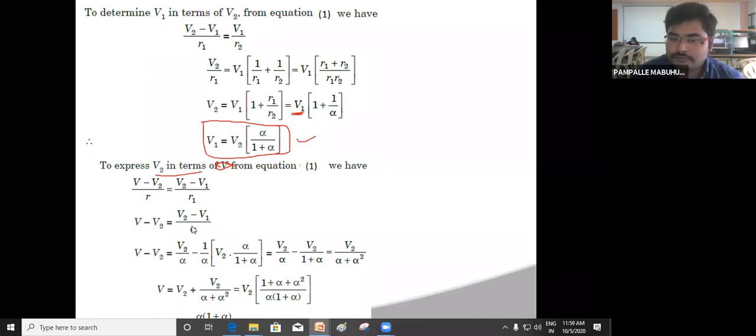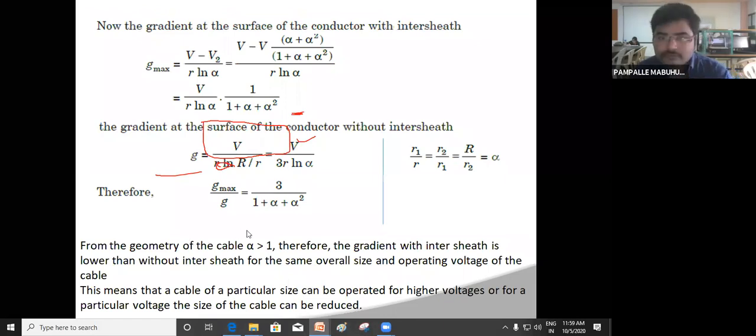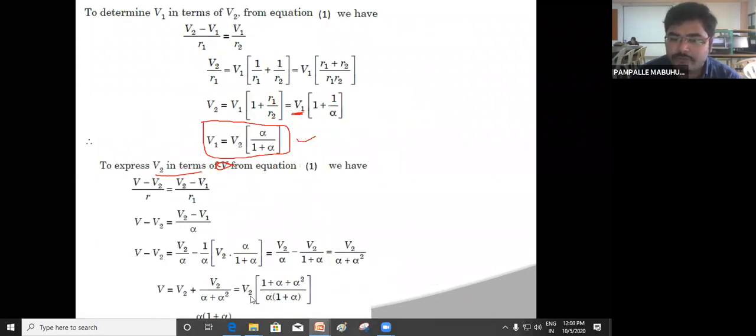Now V minus V2 is equal to alpha into (V2 minus V1), which can be written as alpha V2 minus alpha V1. Now in place of V1 you can write this value, V2 into alpha by (1 plus alpha). So you do some simple calculations. The final value we are getting here is V is equal to V2 into (1 plus alpha square) by alpha into (1 plus alpha), right? So this is V in terms of V2.